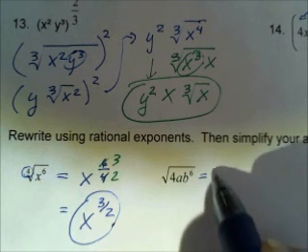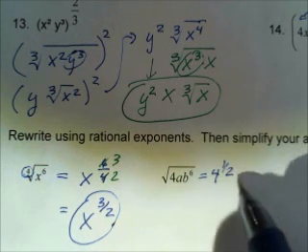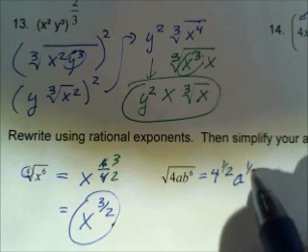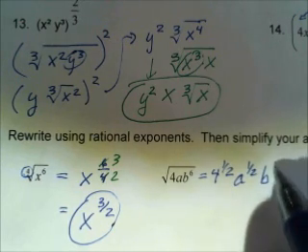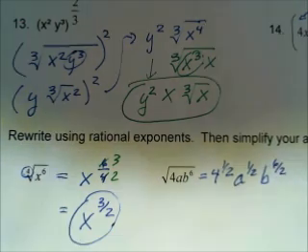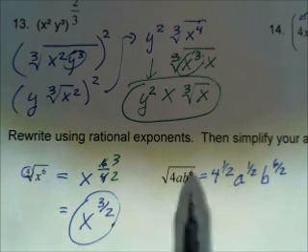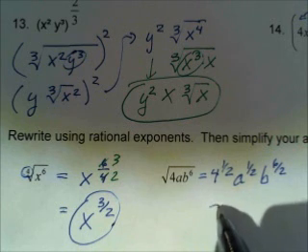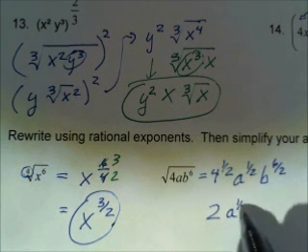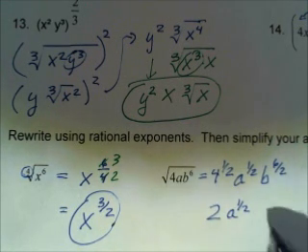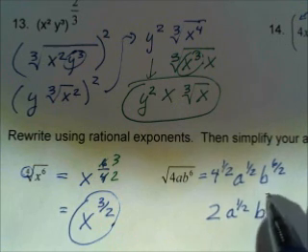So this would equal 4 to the 1/2, a to the 1/2, and b to the 6/2. Well, the square root of 4 is 2. a to the 1/2 would stay, and b to the 6/2 reduces to b to the 3rd.